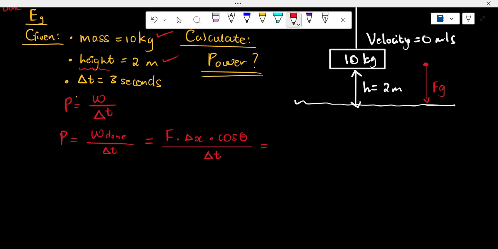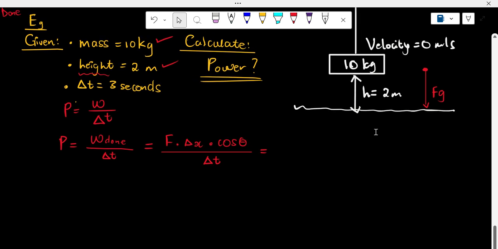Since there isn't any motion or displacement of the object, we then assume that this gravitational force does positive work. The object is not moving, so it does not do any negative work, it does not act perpendicular. So in this case, we just assume that the angle theta will be 0 degrees.